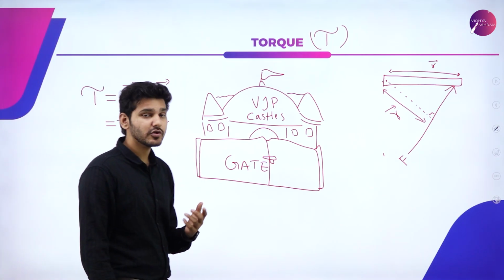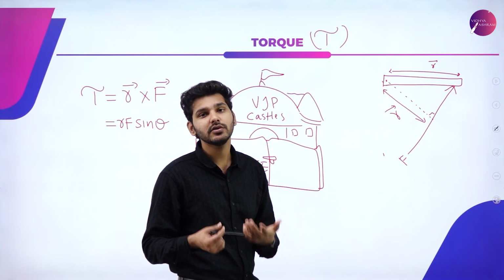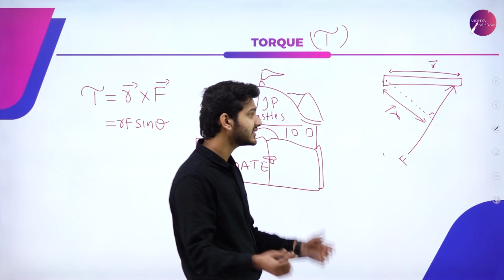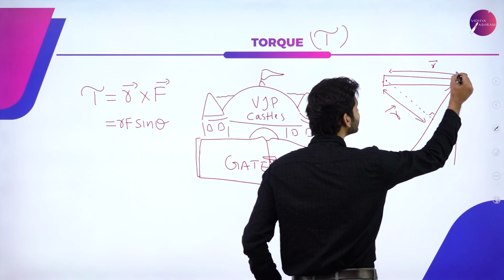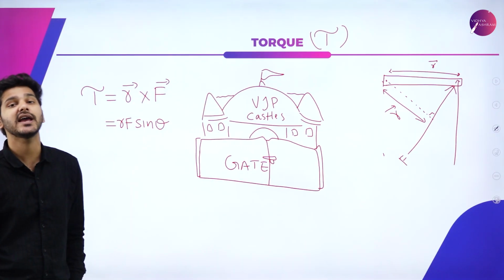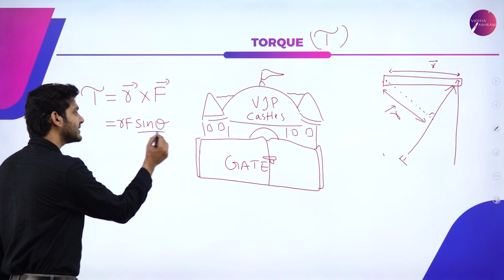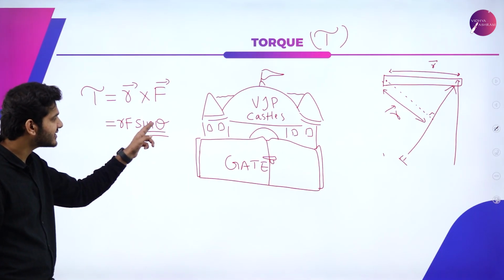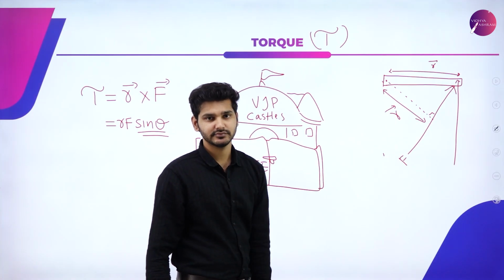Now, there is one more special case where torque applied can be directly equal to R into F. That is the special case when the angle between the force applied and the perpendicular arm distance is 90 degrees. Here sine theta is indicating the angle. This is some random case where the angle is theta.